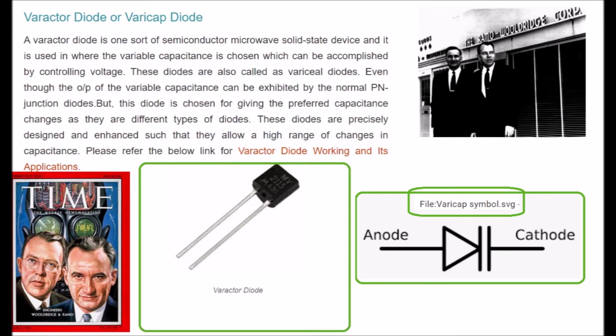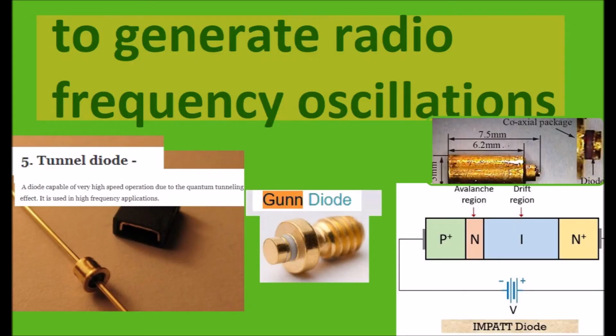This helps explain the different names for the device as it came into use. The next bunch of diode types are to generate radio frequency oscillations. Those are tunnel diodes, gun diodes, impact diodes.